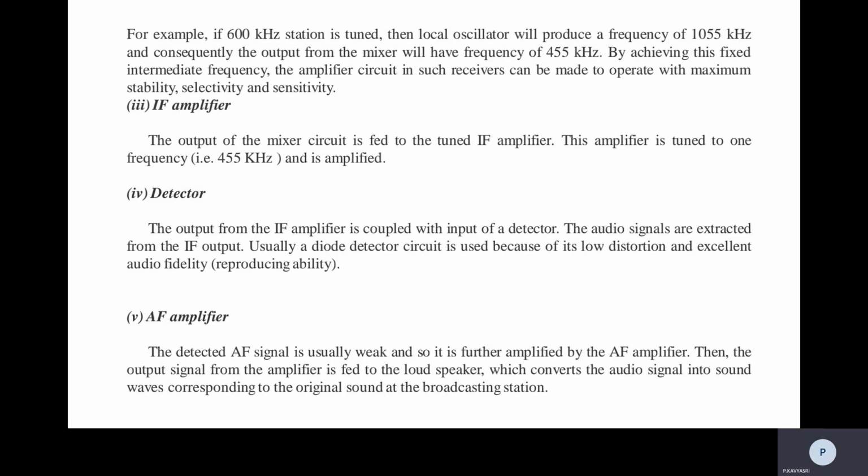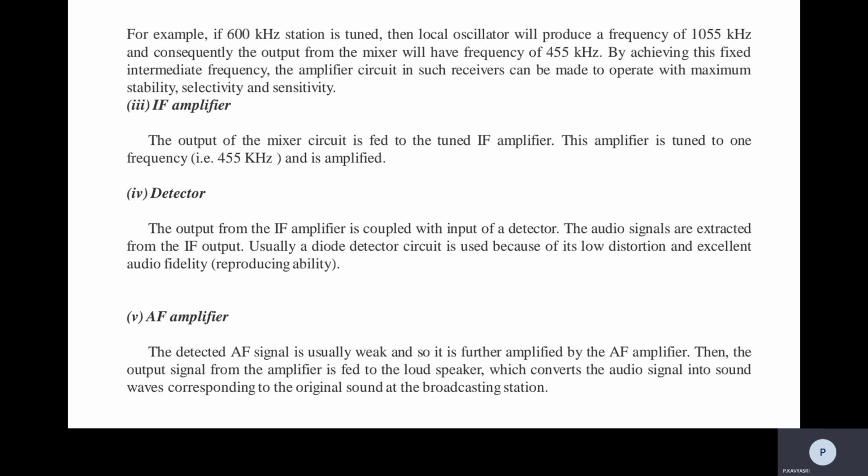Here they have given one example for the mixer and oscillator. For example, if a 600 kilohertz station is tuned, then the local oscillator will produce a frequency of 1055 kilohertz, and consequently the output from the mixer will have a frequency of 455 kilohertz. By achieving this fixed intermediate frequency, the amplifier circuits in such receivers can be made to operate with maximum stability, selectivity and sensitivity.